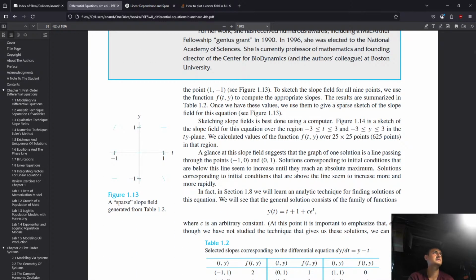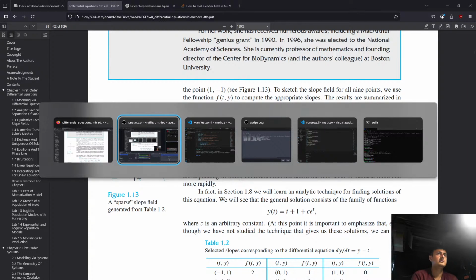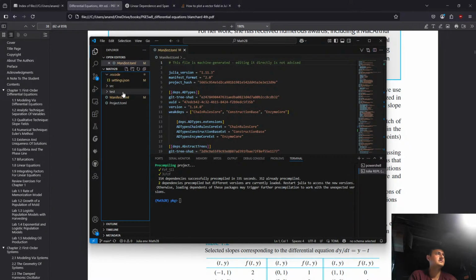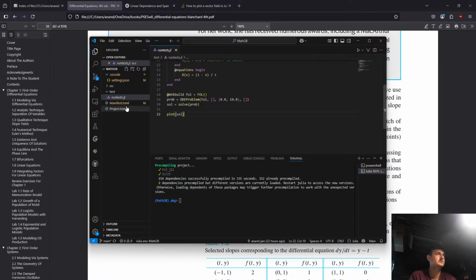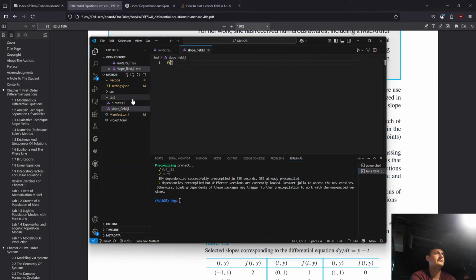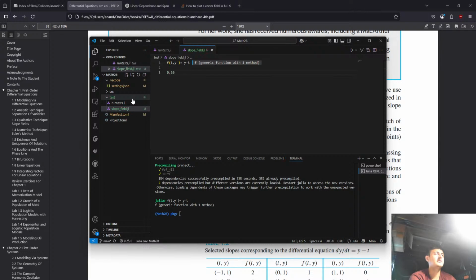All right, so let's see if this is finished. Okay, so we're going to just do basically a slope field. All right, so f of t, y is equal to y minus t. Okay, then let's just say we want, I don't know, 0 to 10.